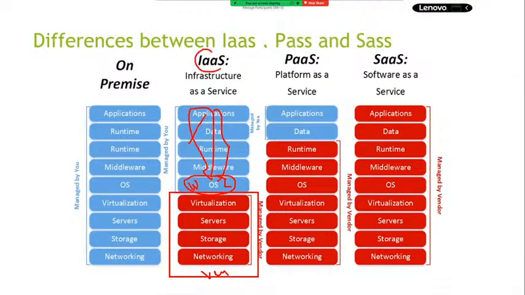That is about infrastructure as a service. Next, platform as a service. The runtime and the platform are provided. You just have to take care of your application. You need not bother about what type of application you are going to host. If we have Java, a ready-made environment is there.